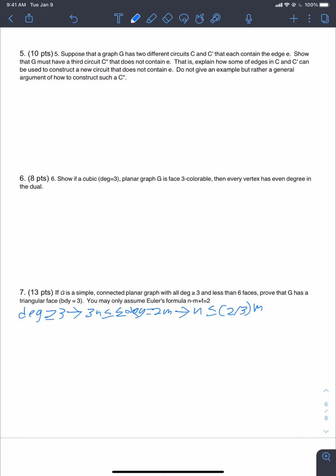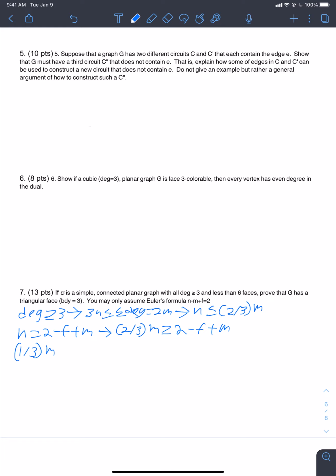Then we combine this with Euler's formula to get n equals 2 minus f plus m. Substituting in m, we get 2/3 m is greater than or equal to 2 minus f plus m. We can subtract the m's on the left-hand side and rearrange the terms.